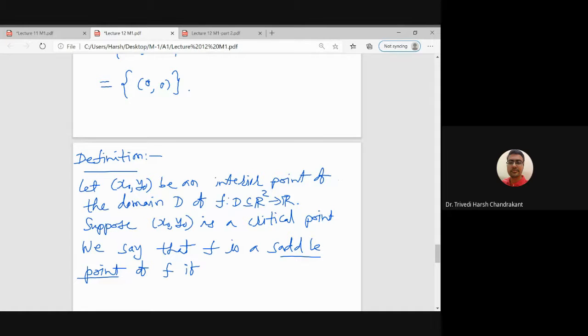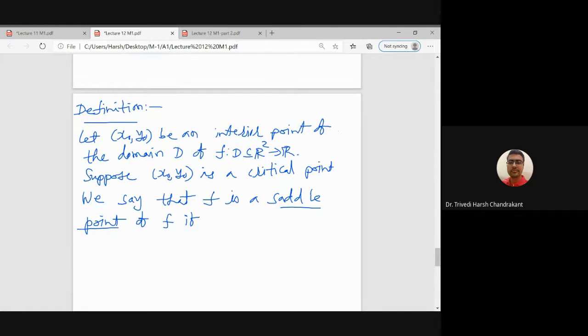So that is local maximum and local minimum at (x0, y0). But a saddle point means it is neither a local maximum nor a local minimum. So whatever neighborhood we take, there is always a point where the value of the function is bigger than f(x0, y0), and there is another point whose value is smaller than f(x0, y0).